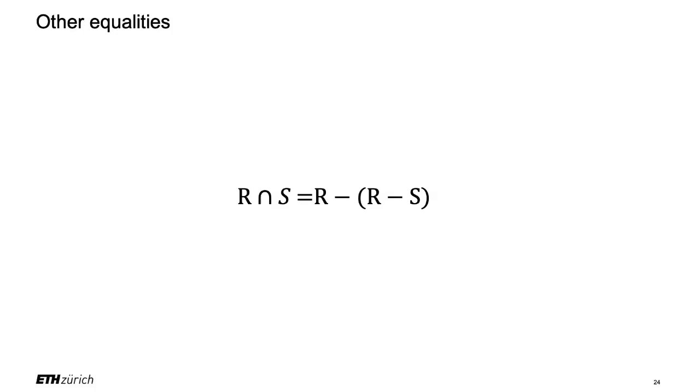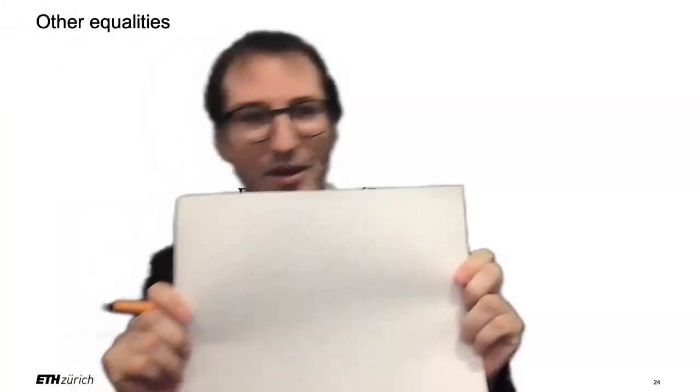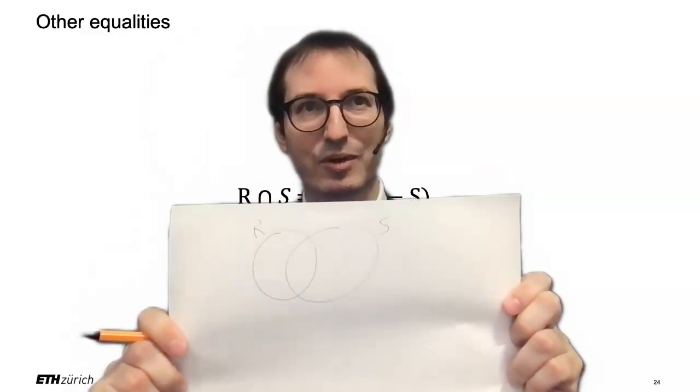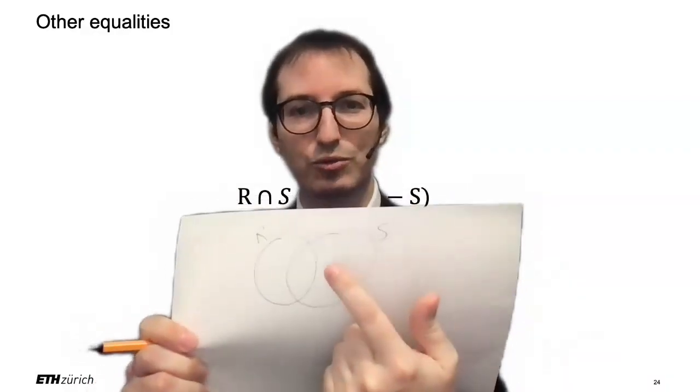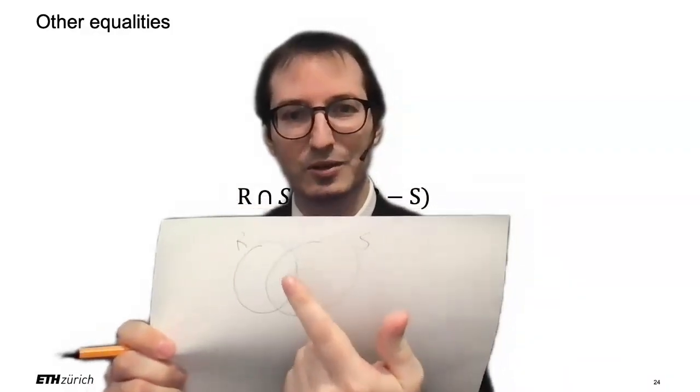Then I will do it in a way that people will see it on Zoom too. Okay. So basically, we have R and S like this, right? It's a Venn diagram. And the intersection of the two would basically be here, right, in the middle.